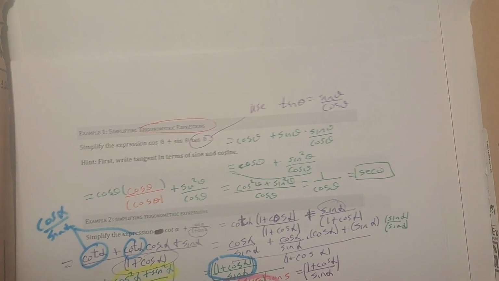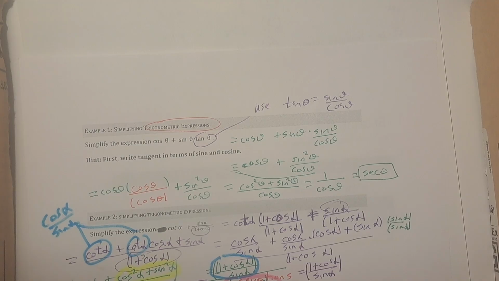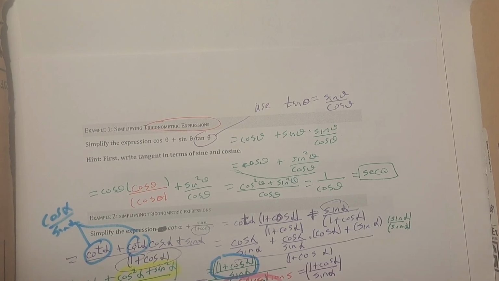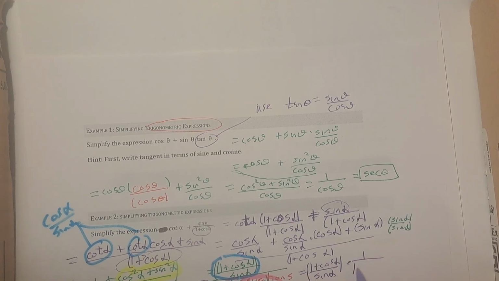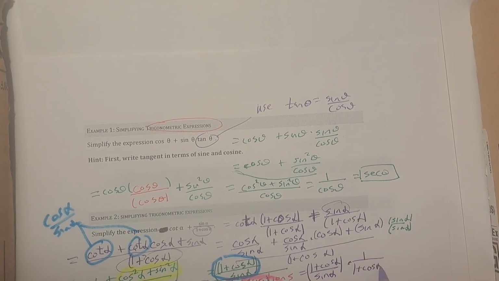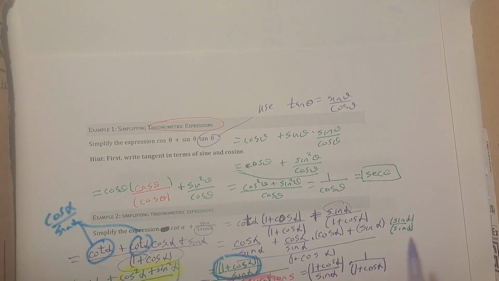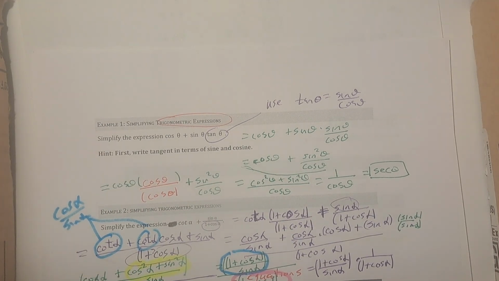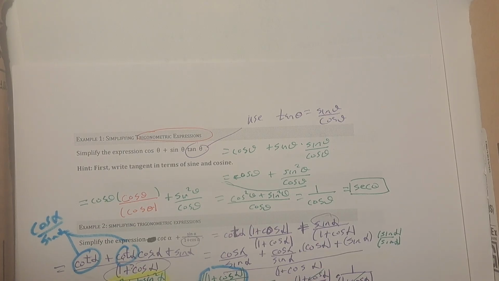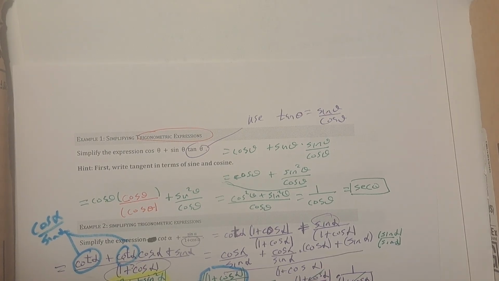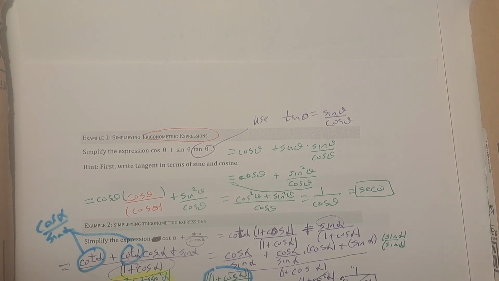And then this function at the bottom, 1 plus cosine alpha, I'm going to take the reciprocal of that and multiply it. Then I see that it'll simplify some because the 1 plus cosine alphas will cancel out. If you want to divide a fraction by just a single number, just take the reciprocal of that number and multiply.